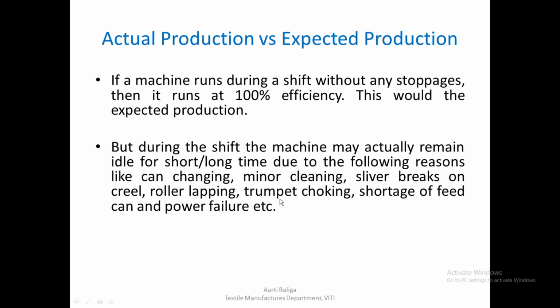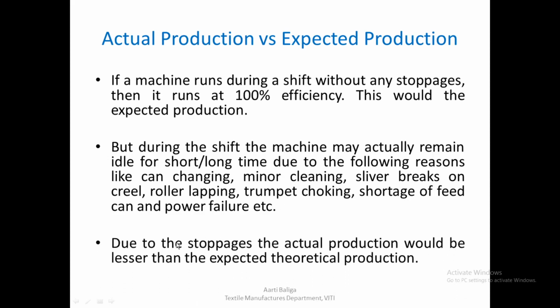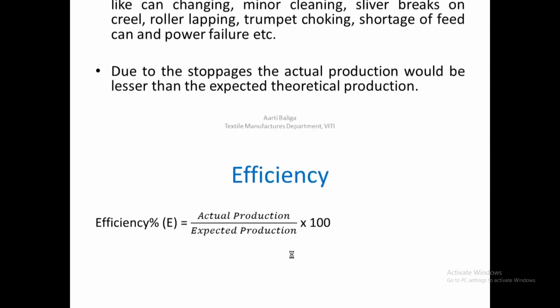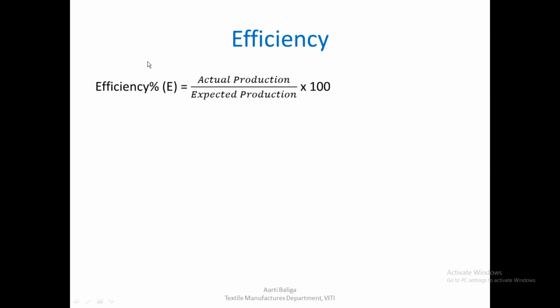So due to stoppages the production would reduce, and the production which you actually get is known as actual production. From these two values we can calculate efficiency percentage. Efficiency percentage is the ratio of actual production divided by expected production into 100.